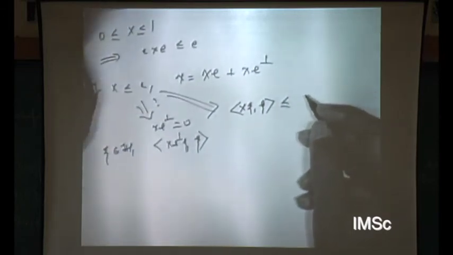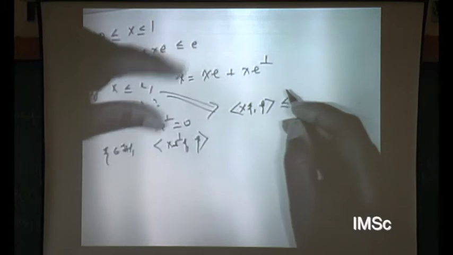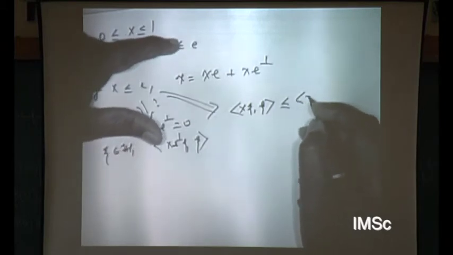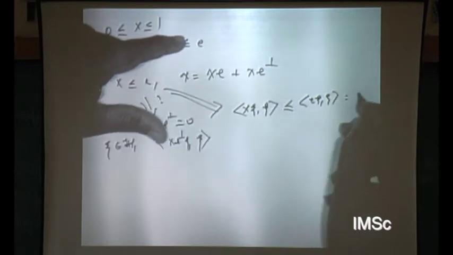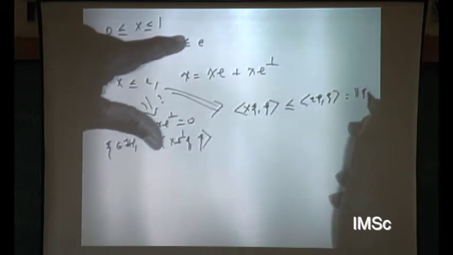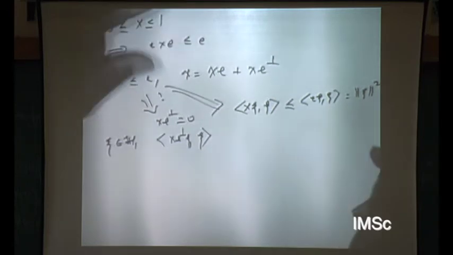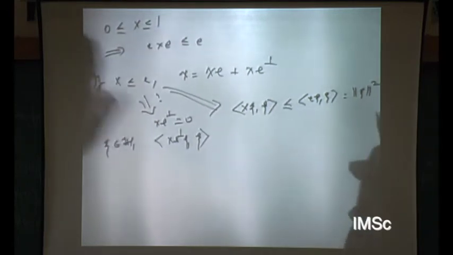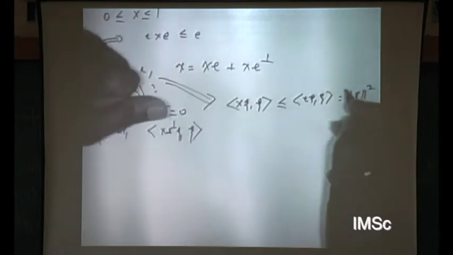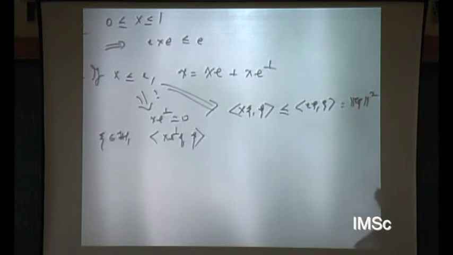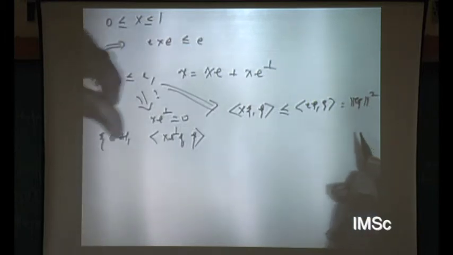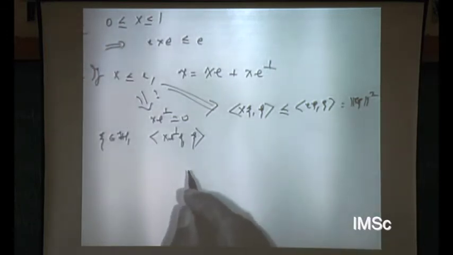But E is a projection, so this is the norm of E xi squared.